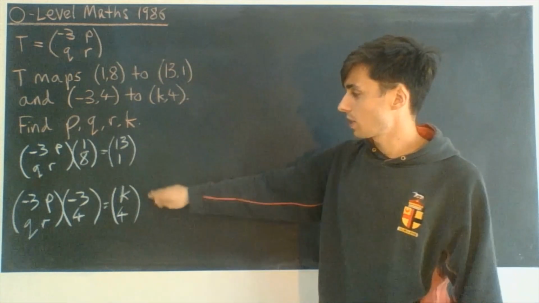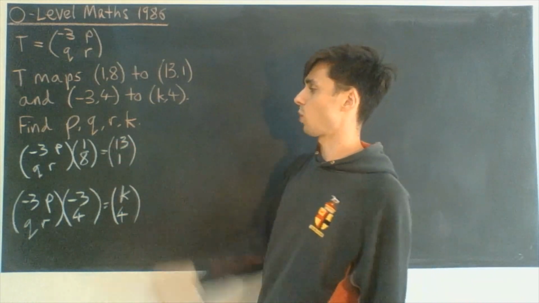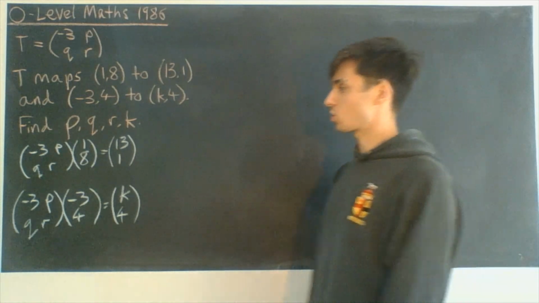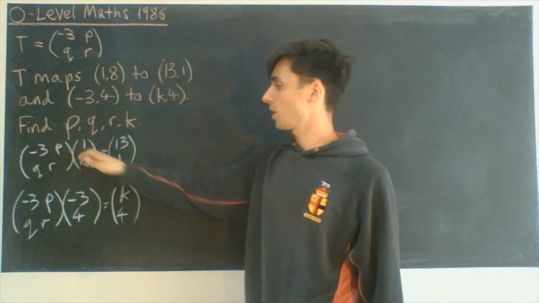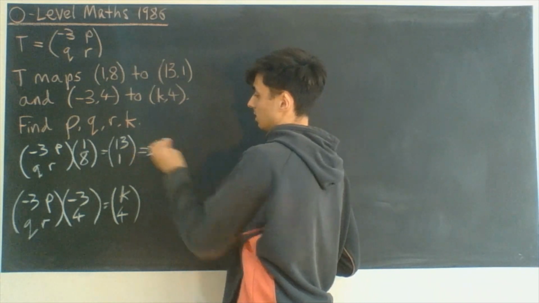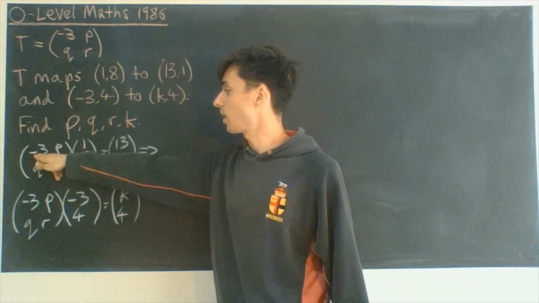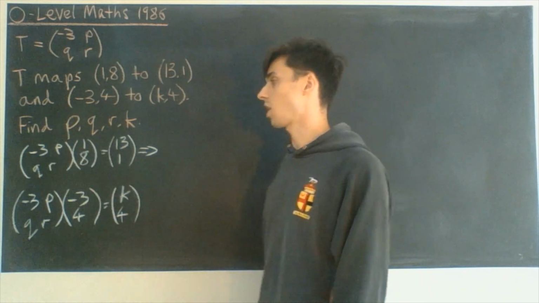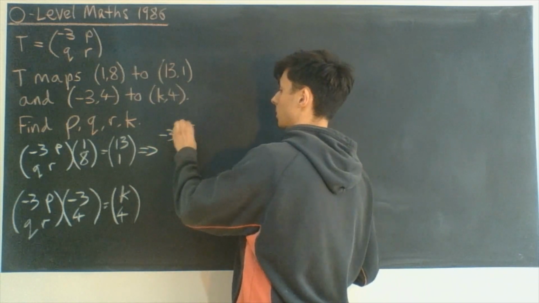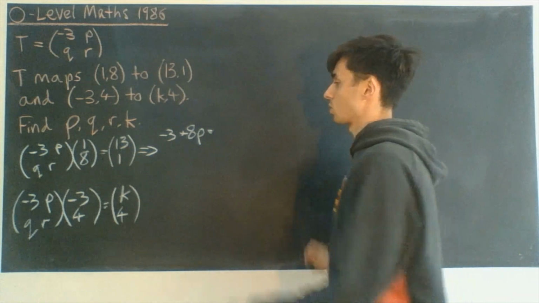Okay, well, often how these matrix questions work next is we need to form some equations based on the rows that we've got. So first of all, looking at the top row, if we multiply these two together, we've got 1 times minus 3 plus 8 times P. So we've got minus 3 plus 8P, and that equals 13 on the top row.